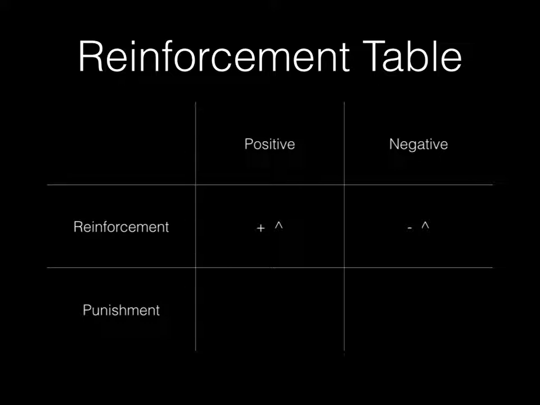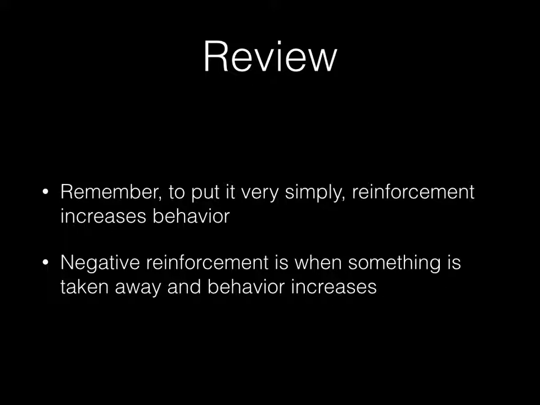So there's the table. It might just help some people that are better at visualizing things. If this helps you, it'll be a good tool for you. So, a review. To put it very simply, reinforcement increases behavior. Negative reinforcement is when something is taken away and the behavior increases.